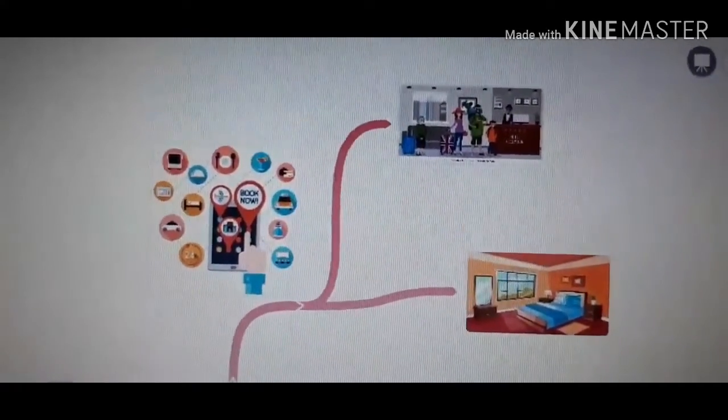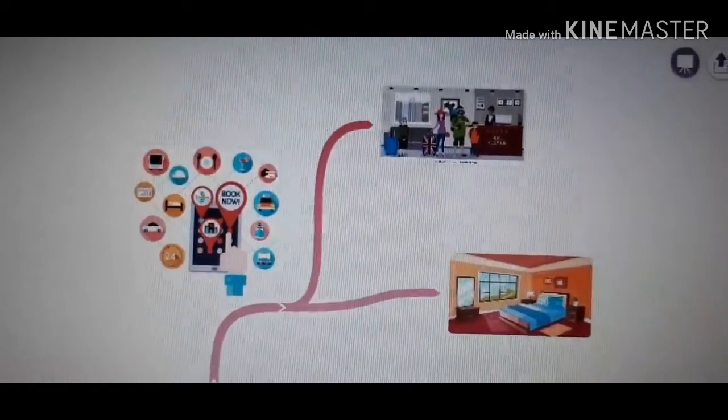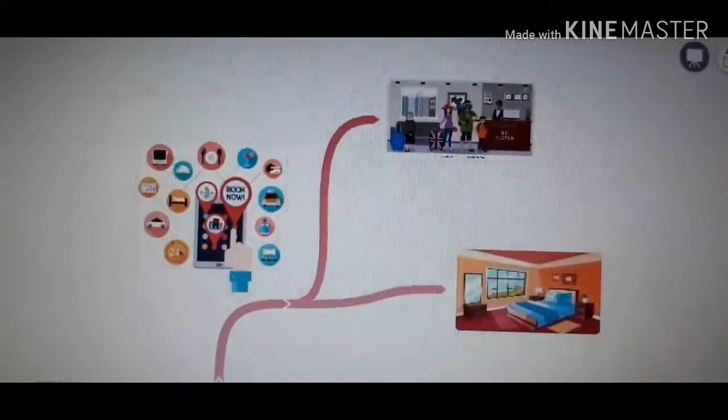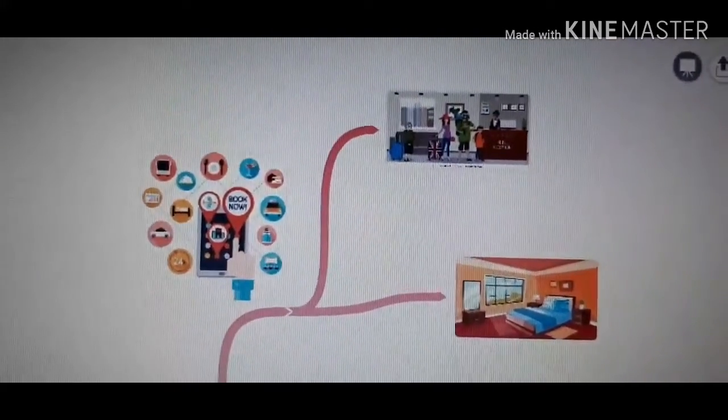And if you want it, you say, yes, I want a glass of water, and that is self-catering.